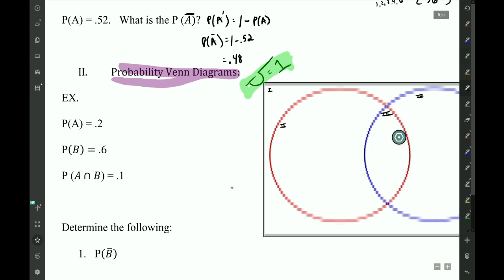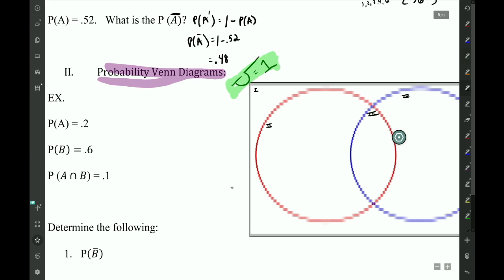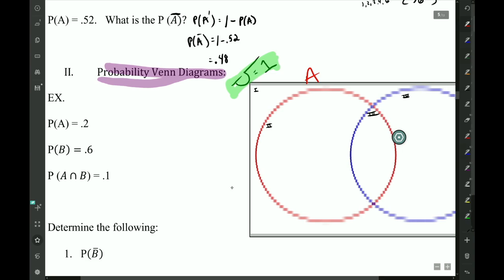Now again, the different parts: event A, event B, and where they overlap, where maybe both events happen, is the middle. If you recall, this is A and B intersect. This is A only, in red here.